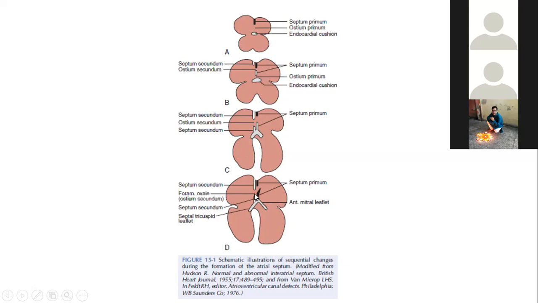The septum secundum has a hole in it, the foramen ovale, which is guarded by a flap. During fetal life, the right atrial pressure is higher than the left atrial pressure, so blood flows from the right atrium into the left atrium. After birth, when the left atrial pressure overtakes the right atrial pressure, this flap closes on its own, leading to closure of the foramen ovale. In normal adults, this flap acts as a valve.